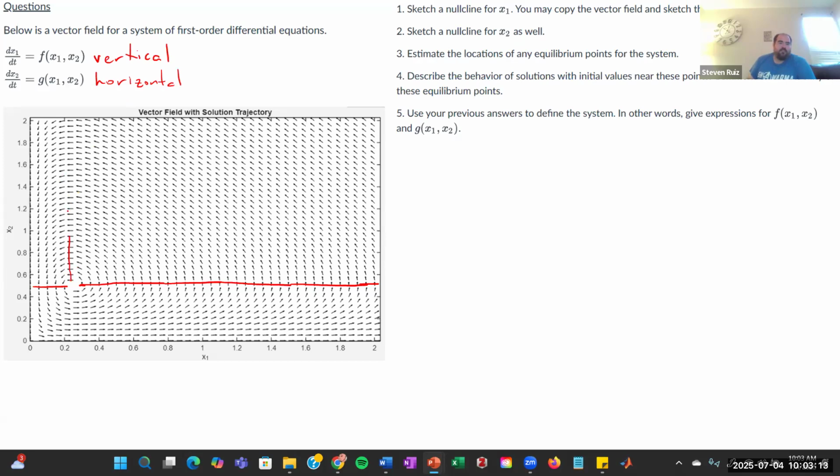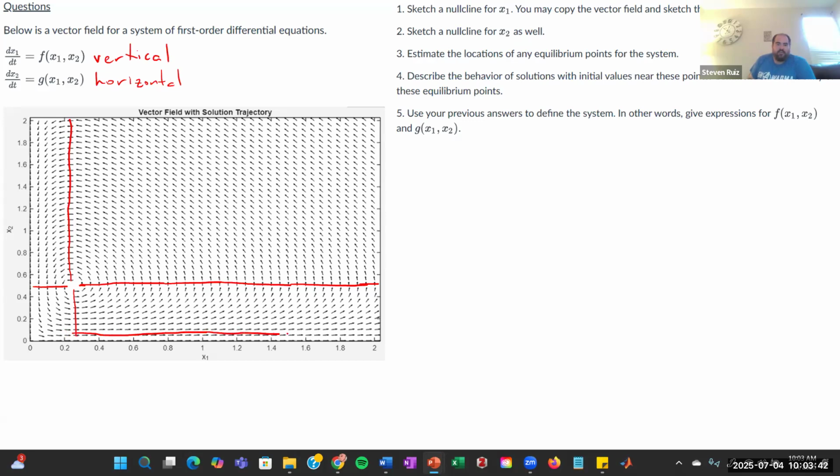A lot of them right here. Also here. And I feel like I'm seeing some horizontal behavior in here too. So I'm just making an estimate of where these are.